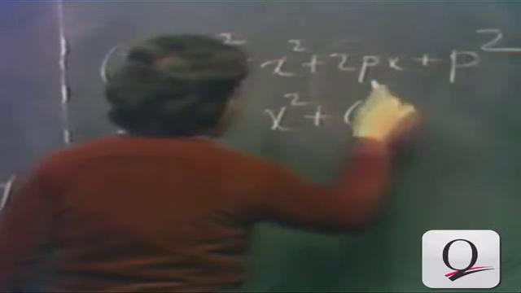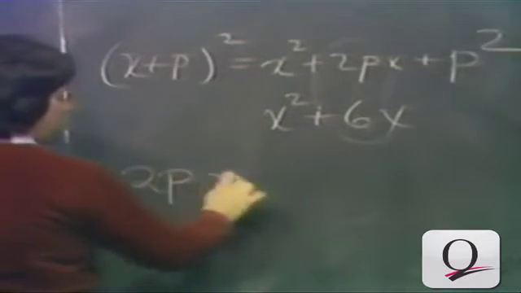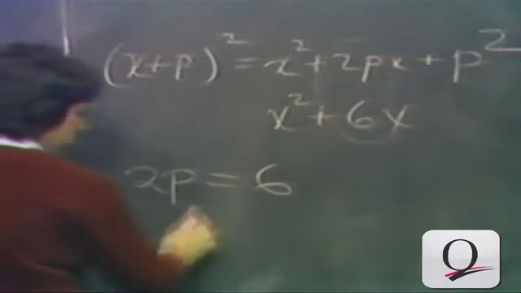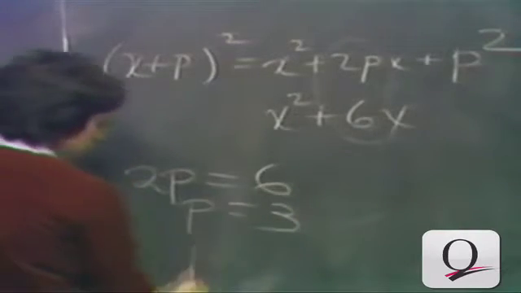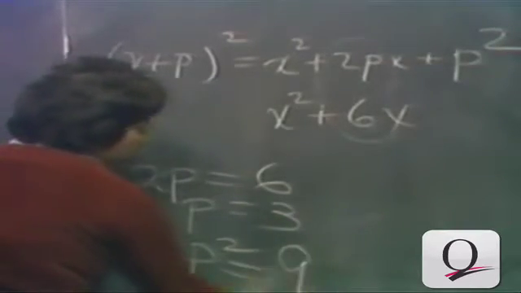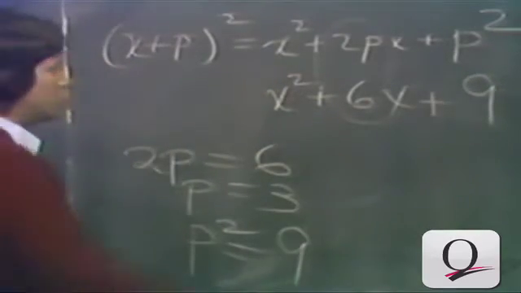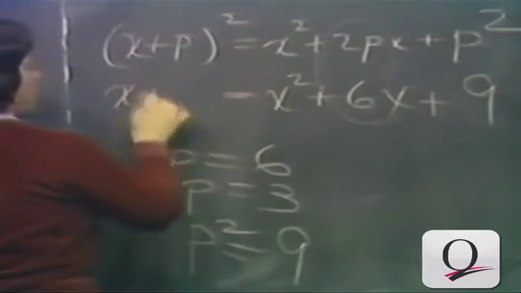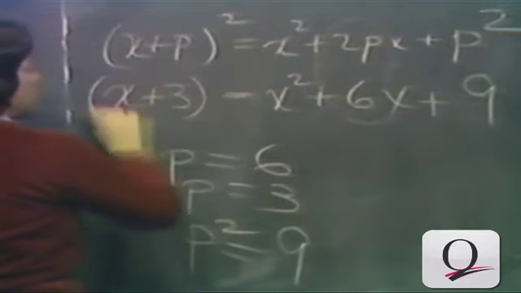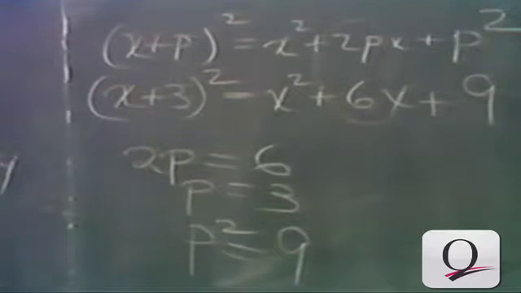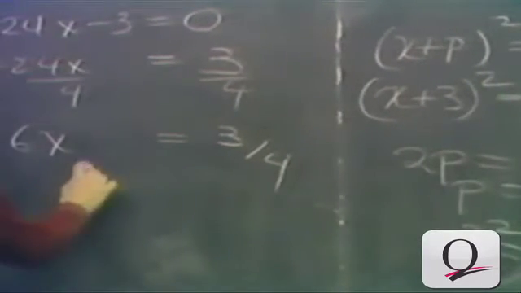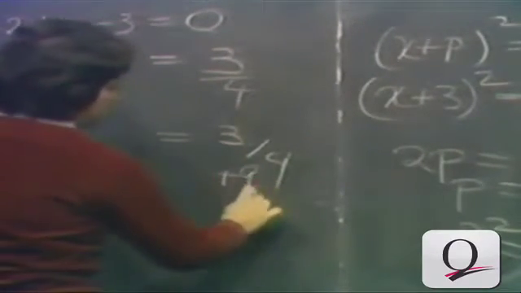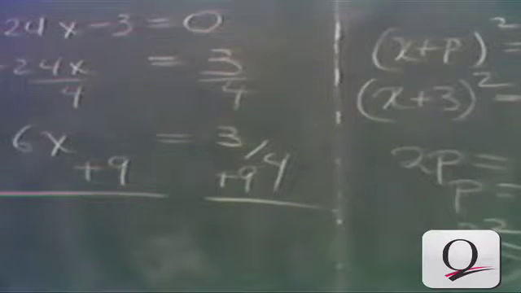That'll make it a perfect square. If you think of 2p as 6, halving that gives you p equals 3, p squared equals 9. If you were to add 9, this would be a perfect square, namely x plus 3 squared. Okay, so that's what has to be added to both sides here to get us a perfect square.